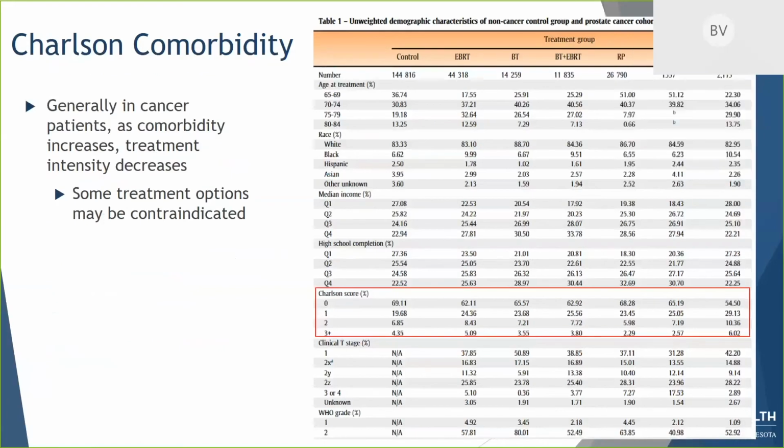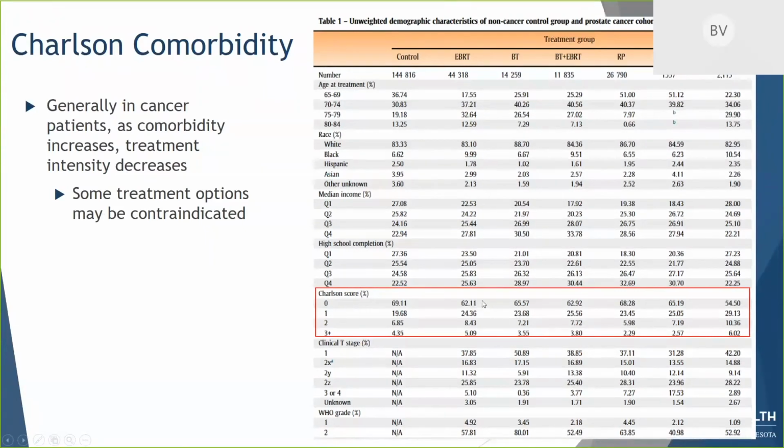Generally, comorbidity does impact the treatments that people receive. It will impact their outcomes. For our prostate cancer cohort, we find that people with radical prostatectomy are more likely to have 0 comorbidities than other groups.